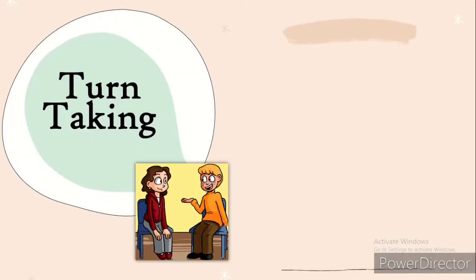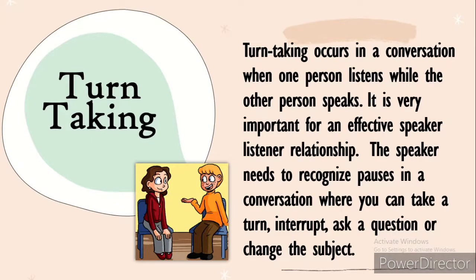The first rule is turn-taking. Turn-taking occurs in a conversation when one person listens while the other person speaks. It is very important for an effective speaker-listener relationship. The speaker needs to recognize pauses in a conversation where you can take a turn, interrupt, ask a question, or change the subject.